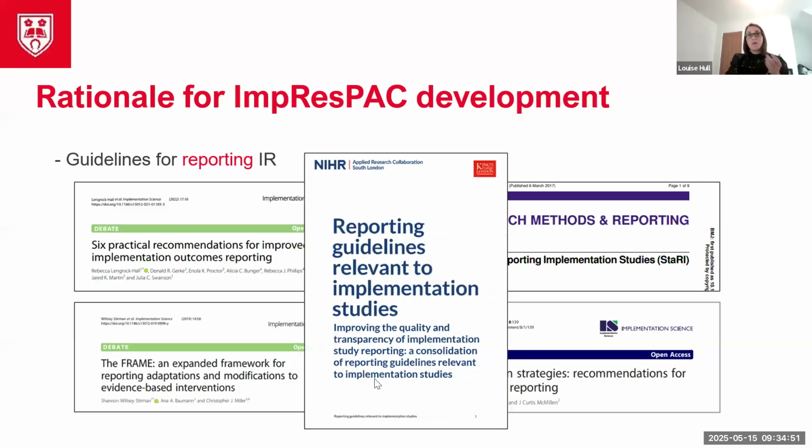And because there were so many of these reporting guidelines, I decided to put them all in one place and developed a resource which contains guidelines relevant to implementation studies. So if you're interested in having a look at that, I can signpost you to that one. But that was based on searching through more than 550 guidelines that are published on the Equator Network to identify reporting guidelines relevant to implementation studies.